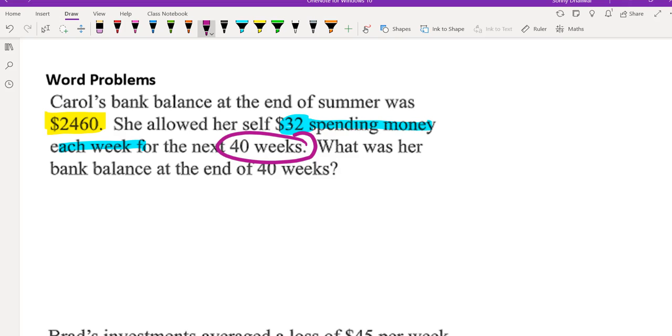What was her balance at the end of the 40 weeks? Okay. So what is this question asking us? It's saying she had some money, she spent some money, how much did she have left over? So how do we do that?